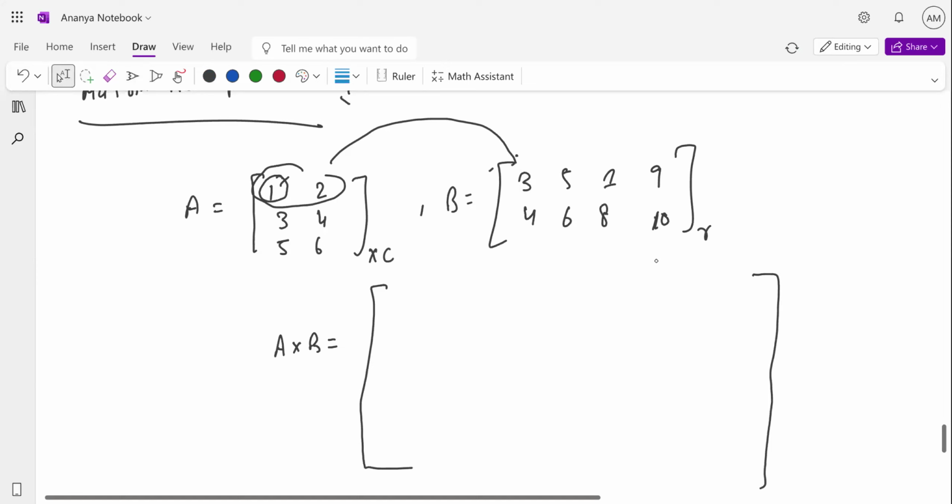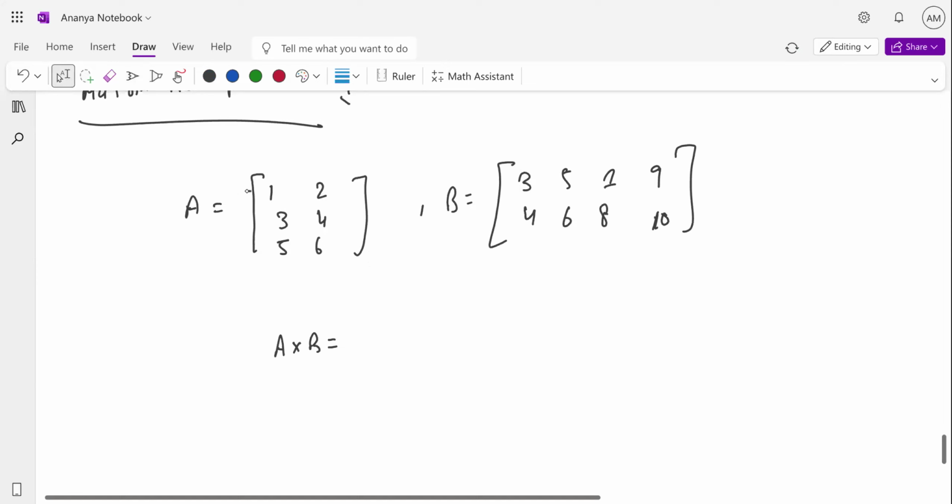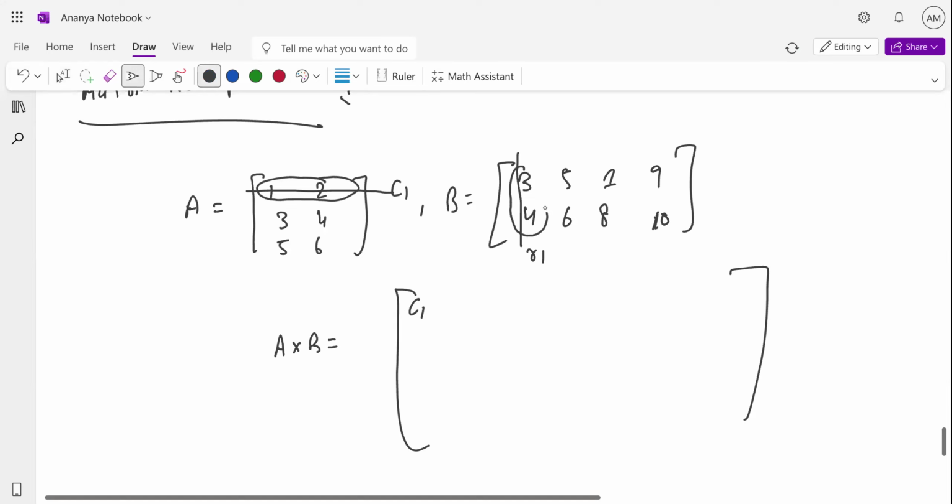Yes, sir. Okay. Look, what I told you: you have to take the first row and multiply it with the first column to get your first element. You can call it C1, the first row and the first column, right? No, wait. For the first matrix, you have to take the row, and here you have to take the column.